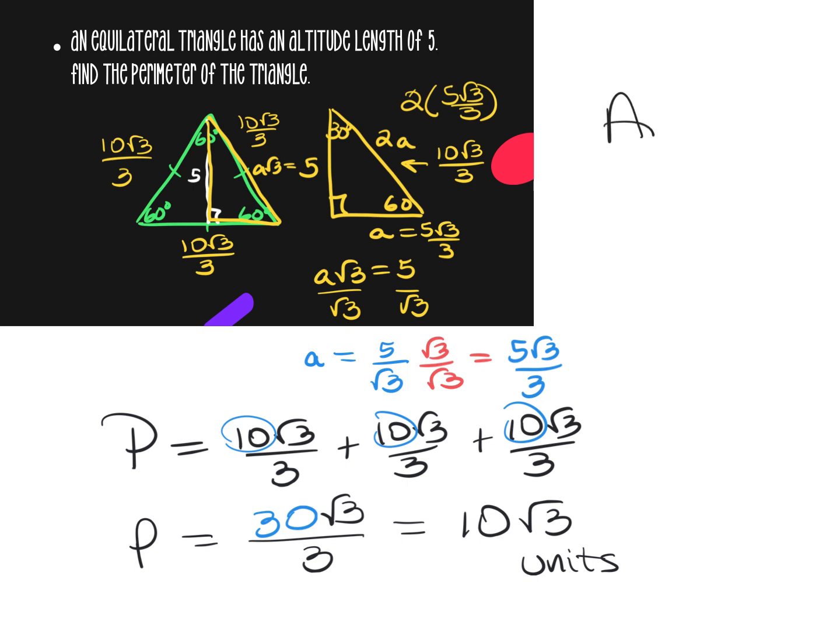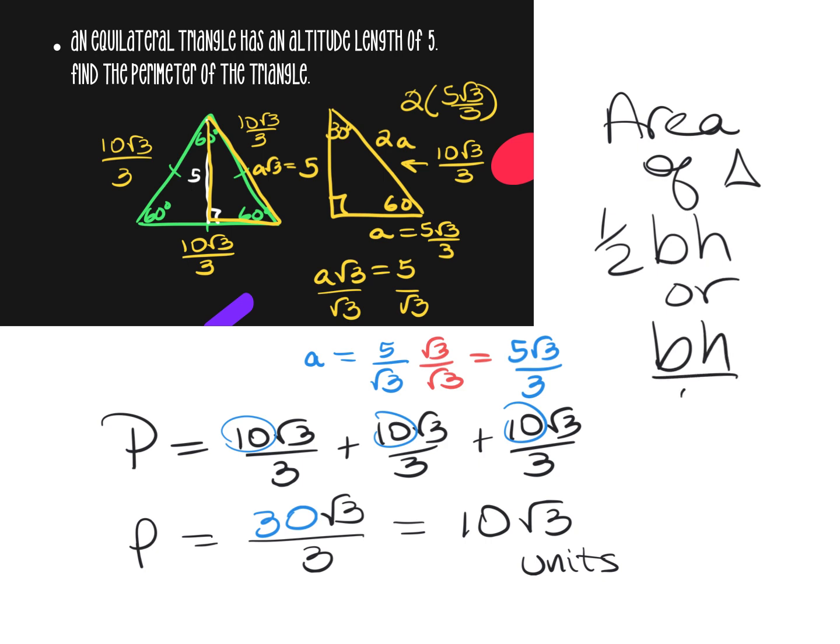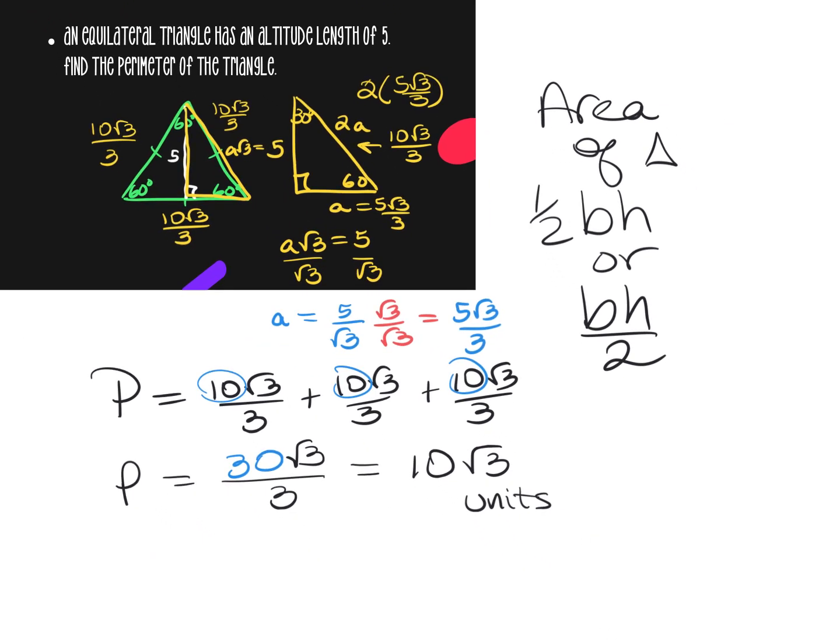So for area of a triangle, remember the formula is either 1/2 base times height or base times height divided by 2. The choice is yours. So the base is the 10 times the square root of 3 over 3. And my height was that altitude, which was 5.